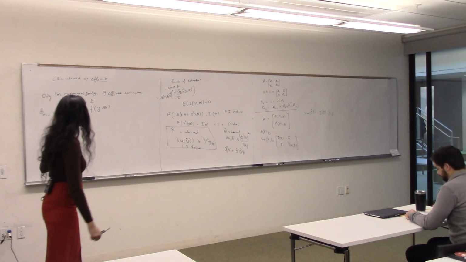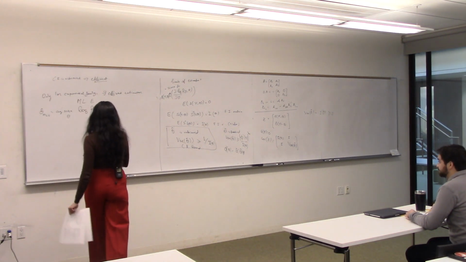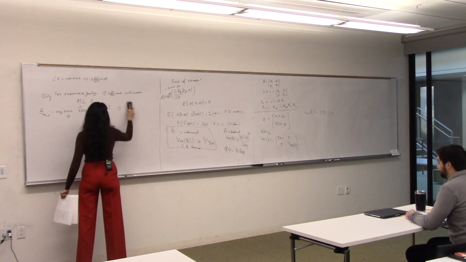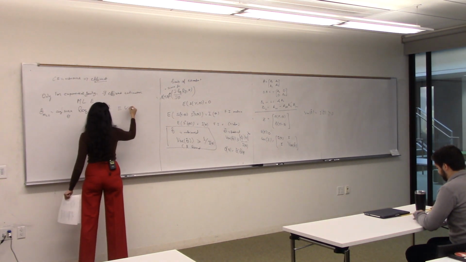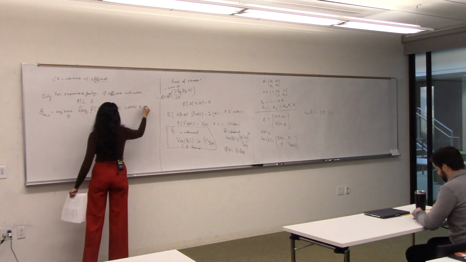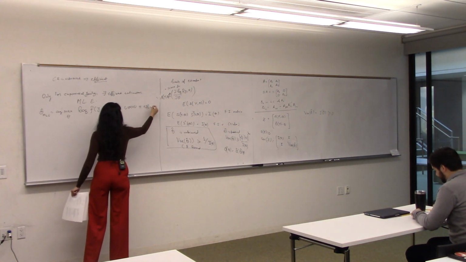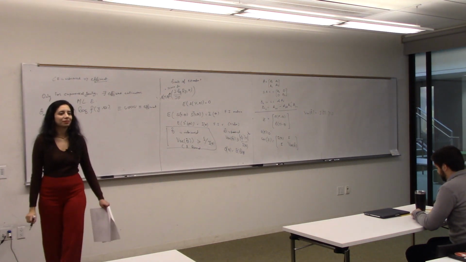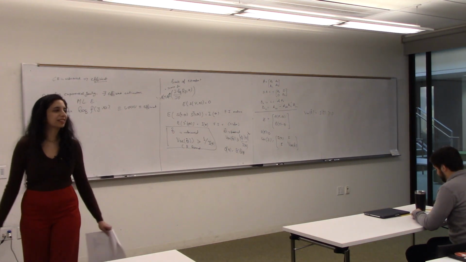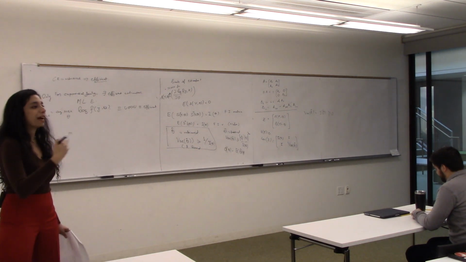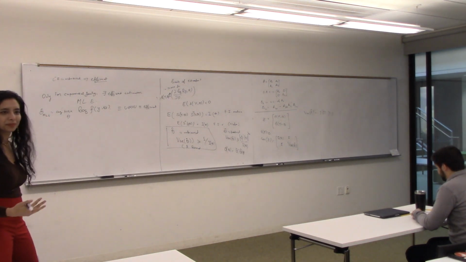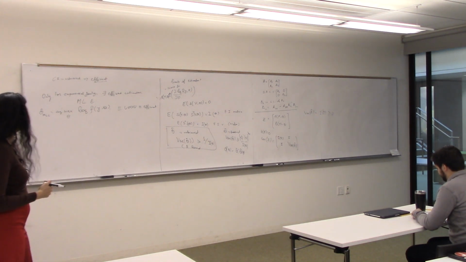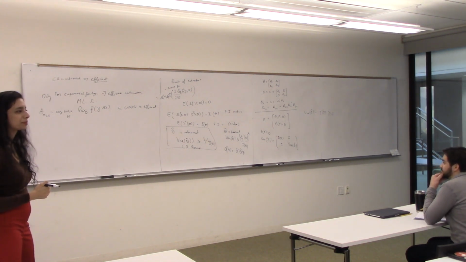So for exponential family, this maximum likelihood is the same as the AMVU estimator, and also it's an efficient estimator. So everything's the same. And it's not true for any other family of distributions. Exponential family is a large class, but outside of it you don't have these nice properties.